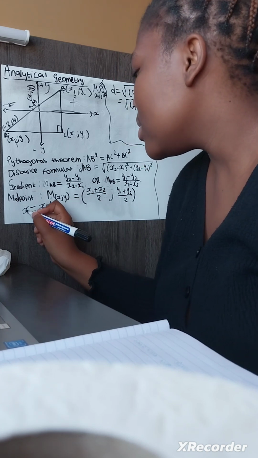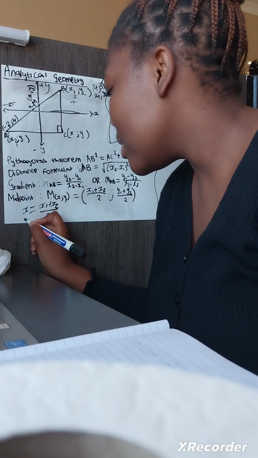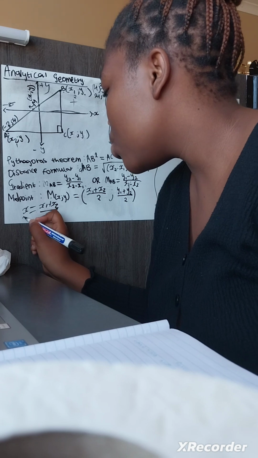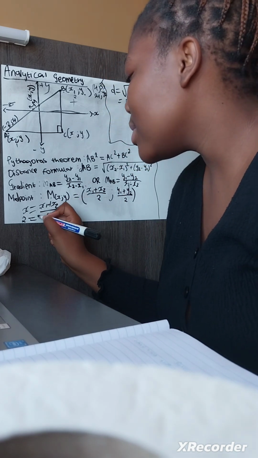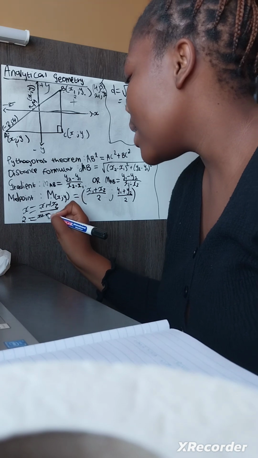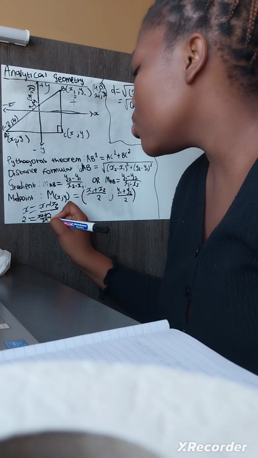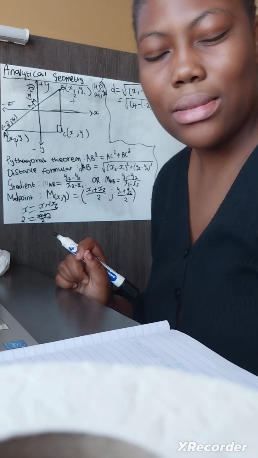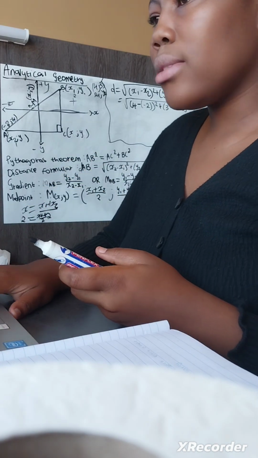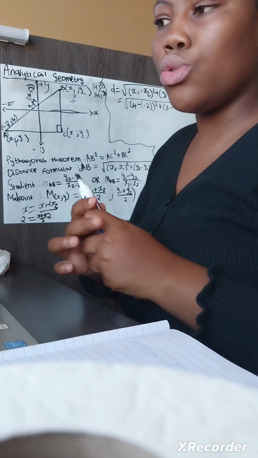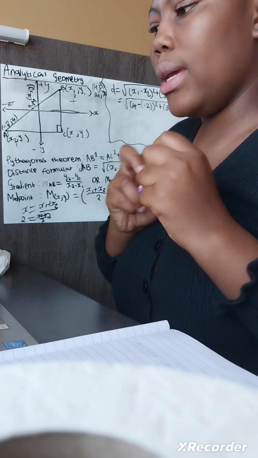Then substituting this, let's say I have 2 is equal to a certain x plus a certain x, let's say it's 4, all over 2. Then you solve for x. Easy peasy.